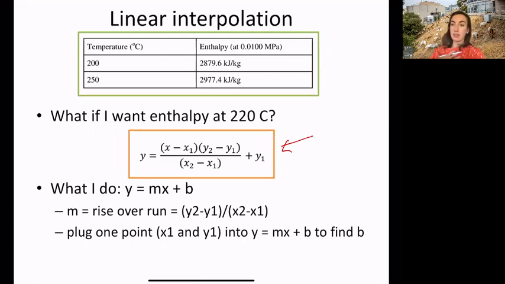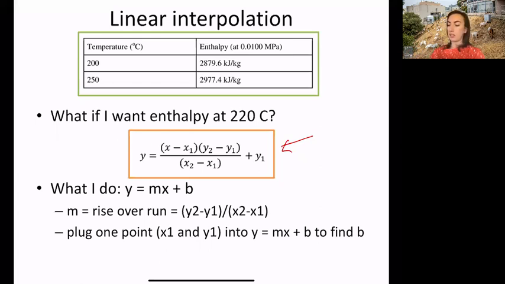So the way that I do it, which totally works, and I think involves less memorization, which is always what I hate, is I just remember y equals mx plus b, the go-to formula for a line. And I know that m is my slope, which is rise over run. So that's y2 minus y1 over x2 minus x1.